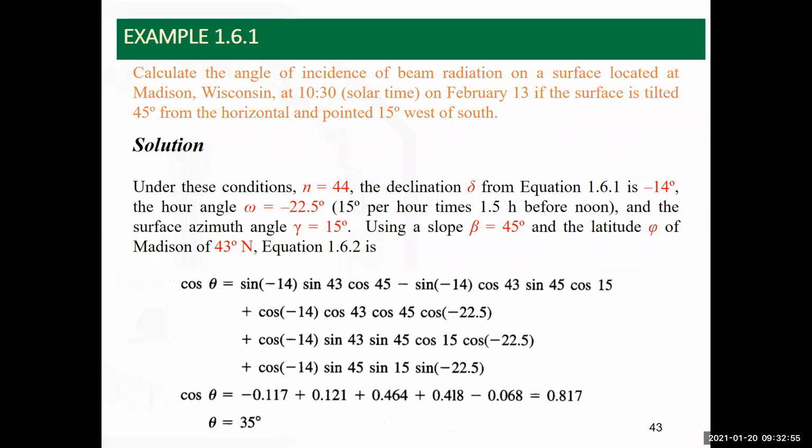When I say that it's tilted 45 degrees from the horizontal, which angle is this? Tilted from the horizontal means we are talking about beta. This is the angle of our collector or our surface, and it has been tilted from the ground at a certain angle. This is beta. What about the 15 degrees west of south?